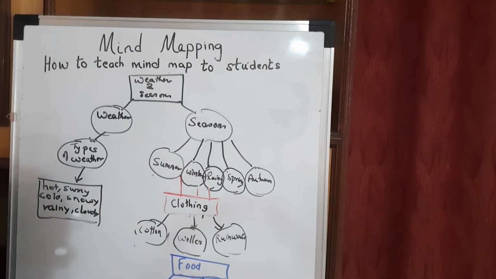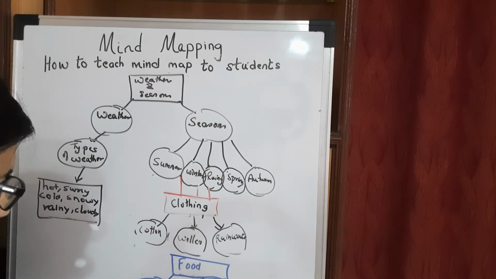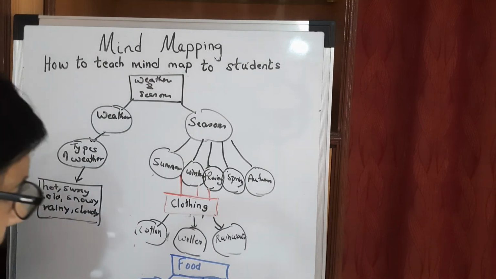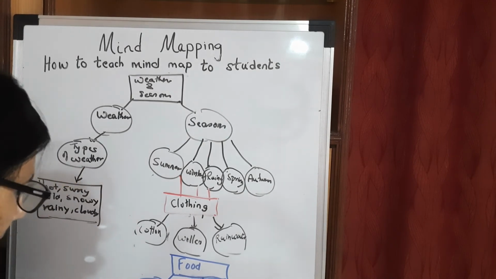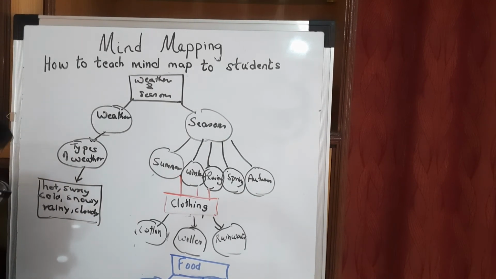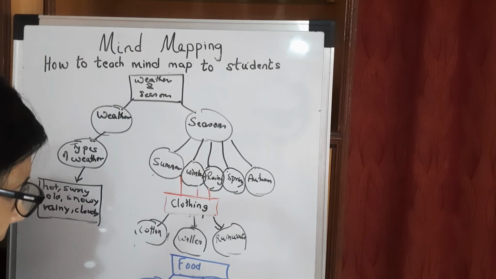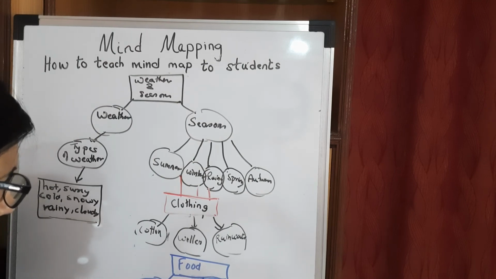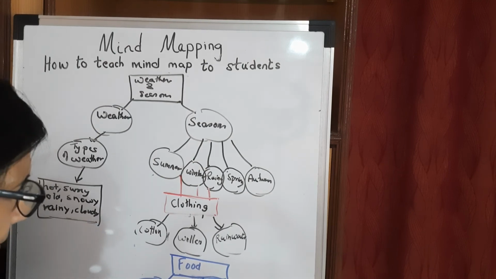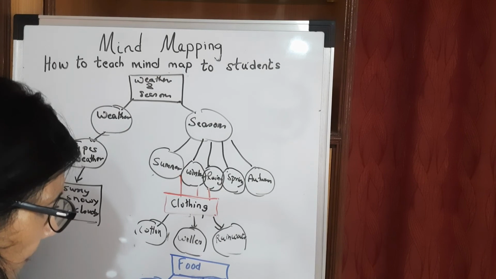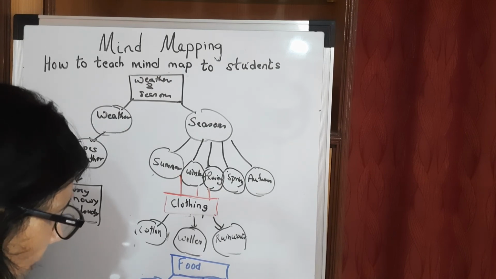Food in the summer, like ice creams, cold drinks, and in winter you eat, so here you can write ice cream, so they'll remember what foods we eat. Then in winter we drink soups. In the rainy season also we drink soup, something warm, hot coffee.